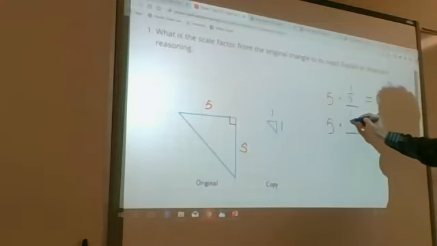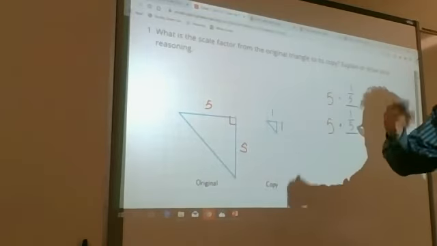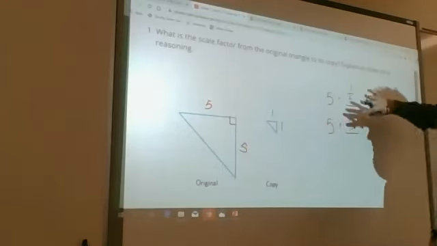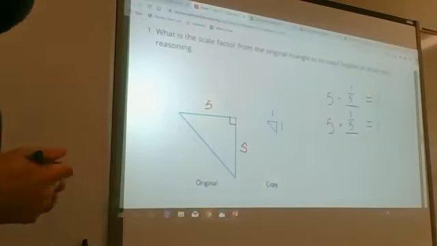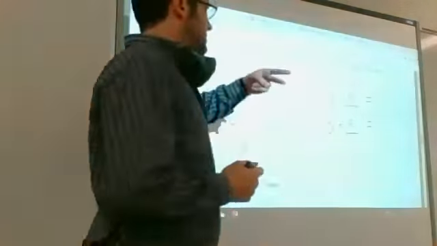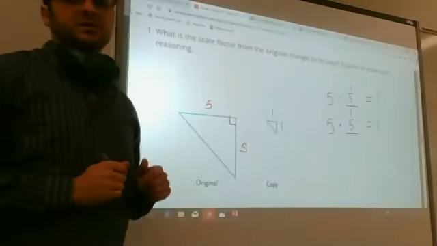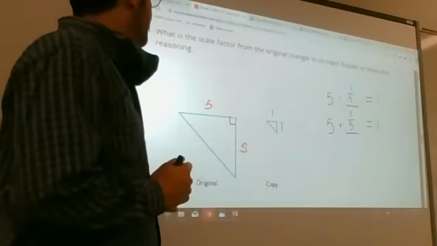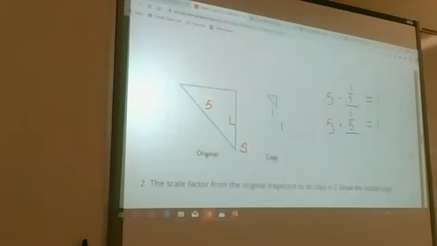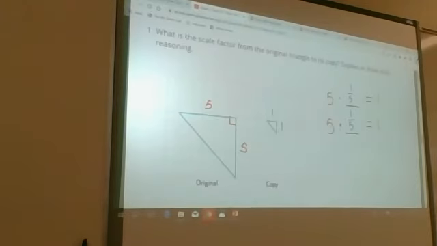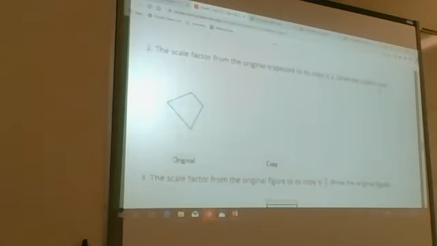Because as we just practiced on the previous screen, any number times its opposite fraction equals 1. Doesn't matter how big or small the numbers are. Any number multiplied by its opposite fraction comes out to 1. Okay? Very good. So, let's go down to the next one.